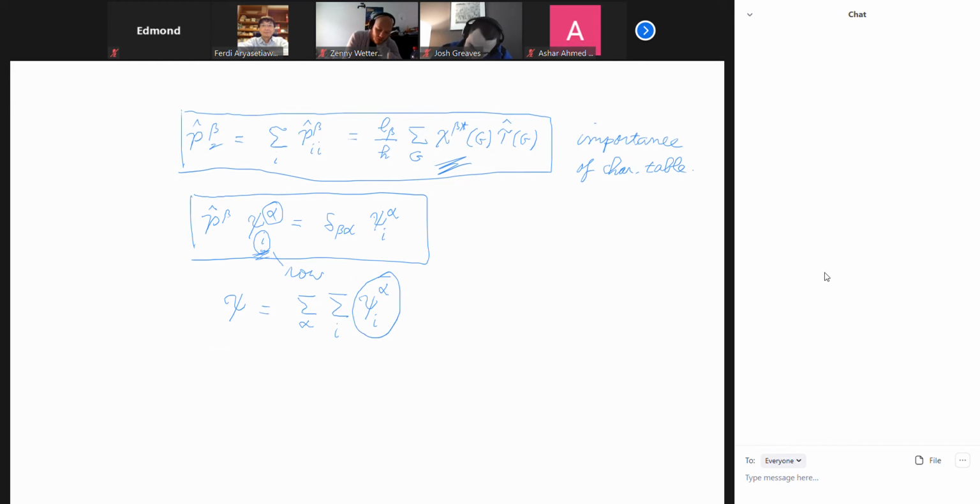This just means that this is the component of phi belonging to alpha and I. So there is no connection between this component and the other components of this function, because they are not basis functions.